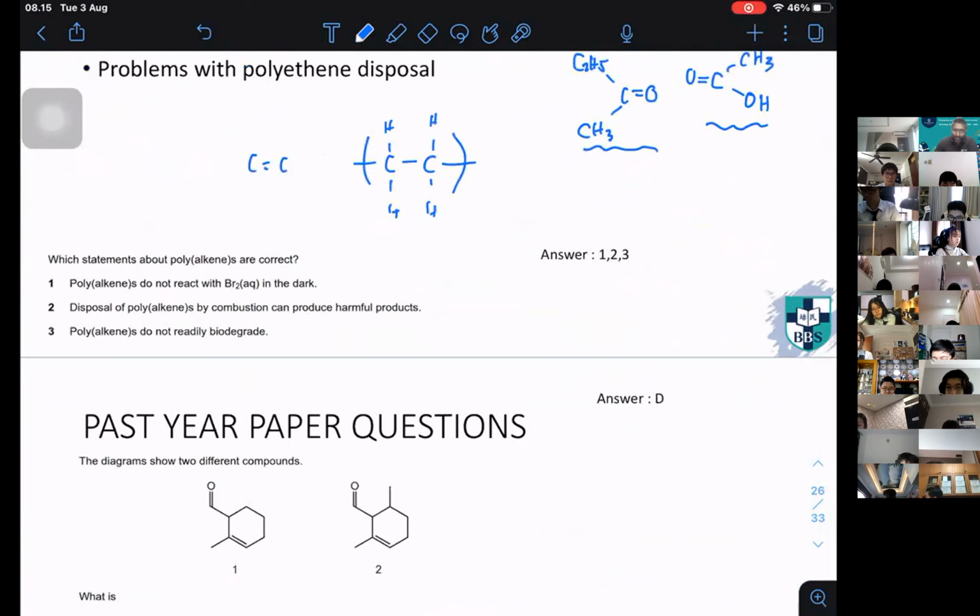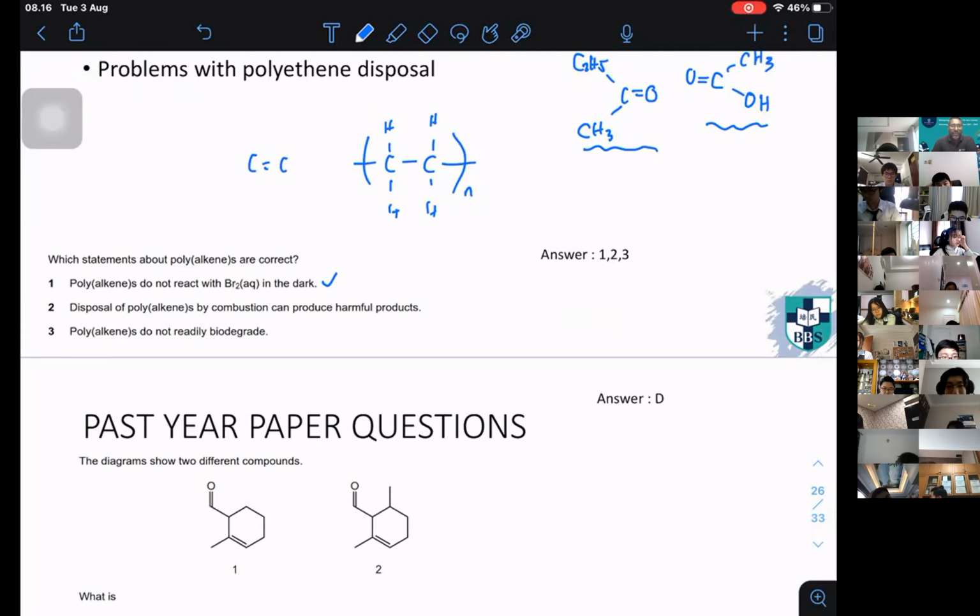The alkene polymer does not have any unsaturated bond. There is no double bond. So they do not react with Br2 in the dark is correct, because they will behave as though they are alkane. Alkane will only react with Br2 in the presence of UV light or sunlight. So they do not react in the dark. So that is what they mean.